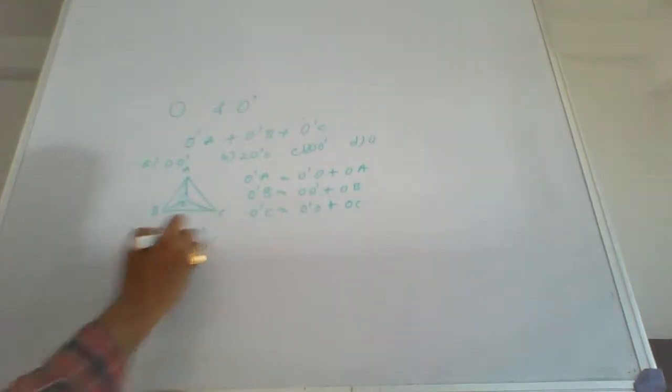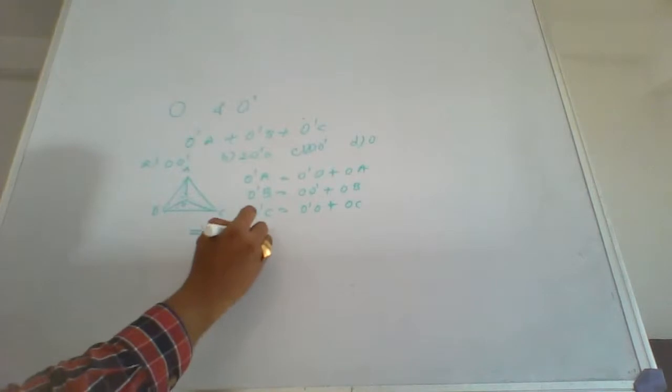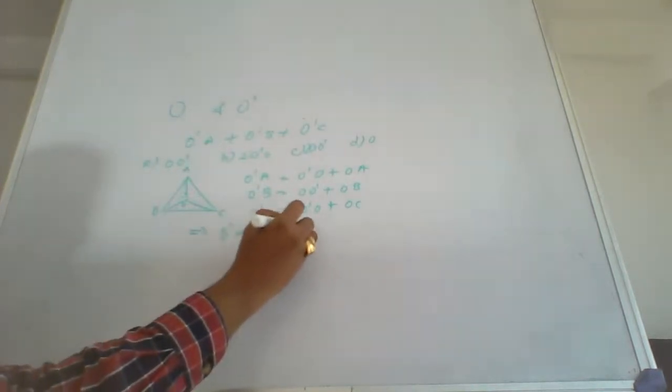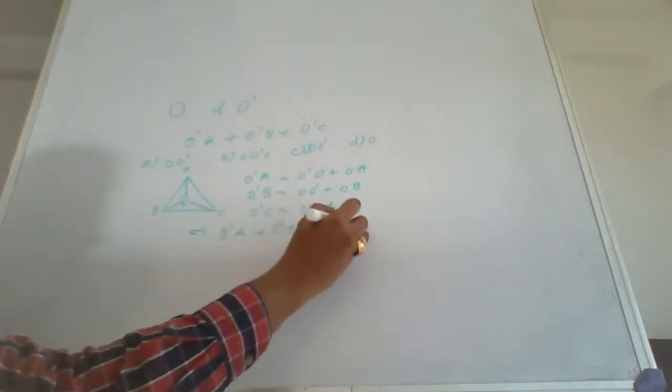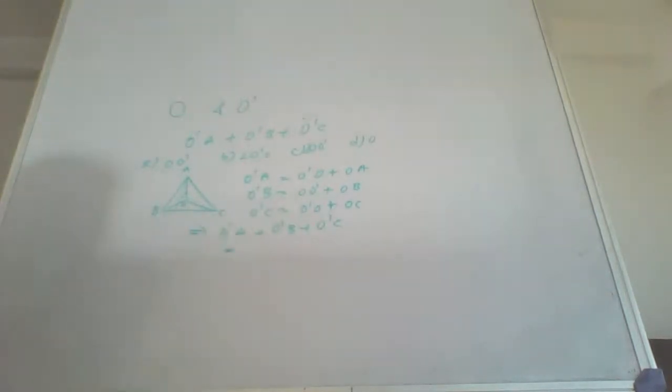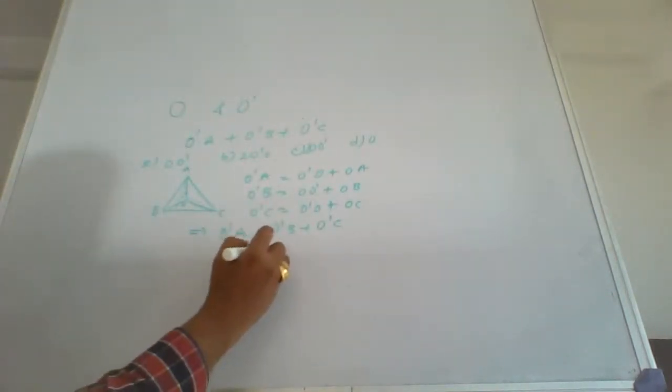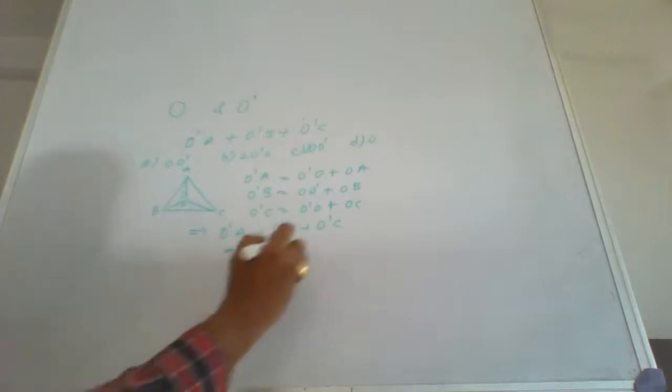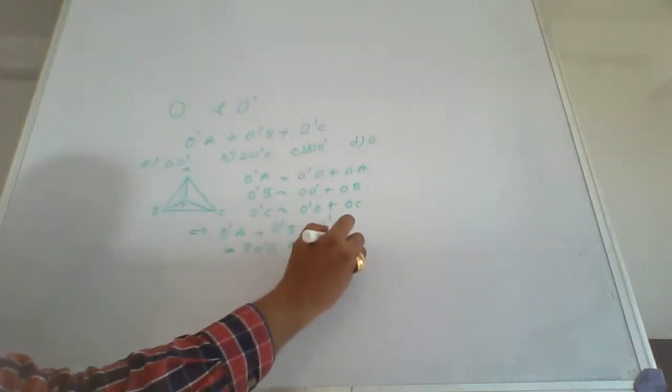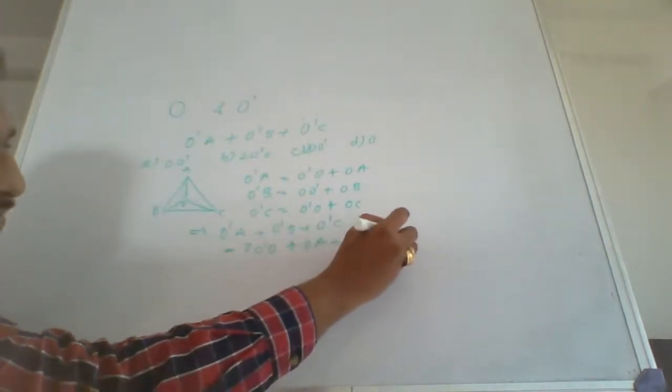This implies that O dash A plus O dash B plus O dash C results in 3 O dash O plus OA plus OB plus OC. Let us try to further simplify this.